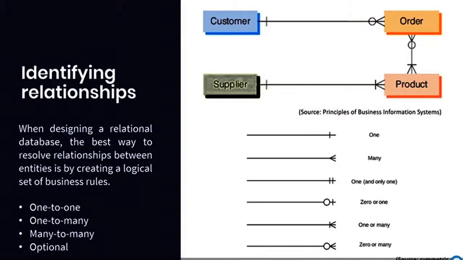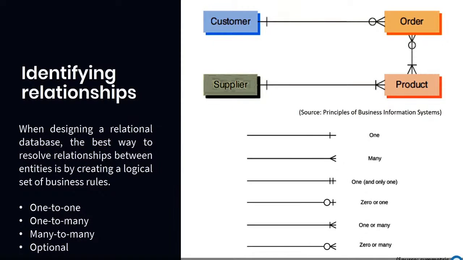Then we have the many crow's foot notation, which states that this relationship means many, more than one. So this instance of a customer, for example, can relate to an order many times, similar with the product and the supplier, right?